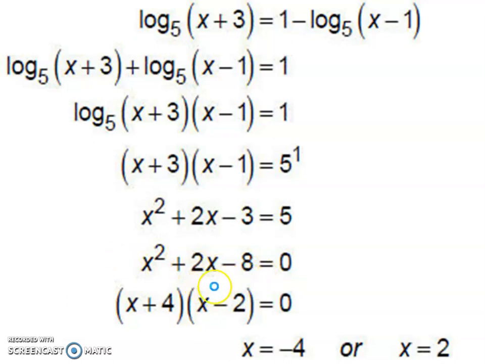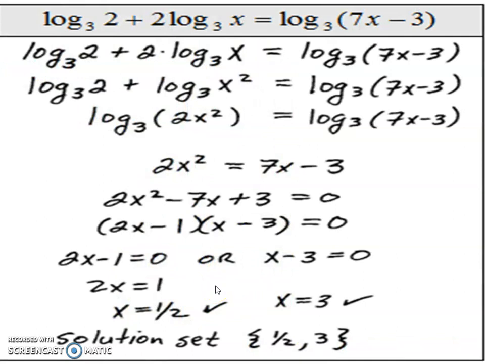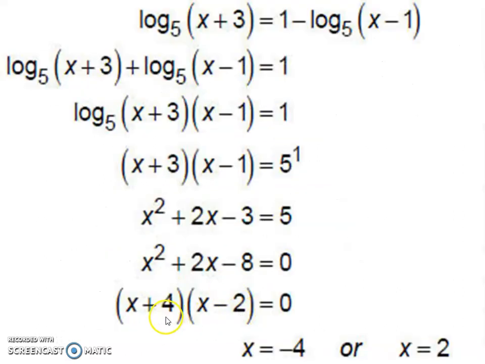That's why we take x plus 4, x minus 2 is equal to 0. Why? Because the middle term is plus 2, and the options are 4 plus 2 and 4 minus 2. So obviously 4 minus 2 gives plus 2. So we derive x equal to minus 4 or x equal to 2.